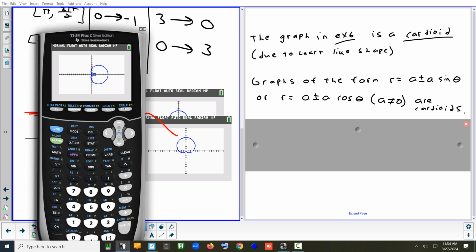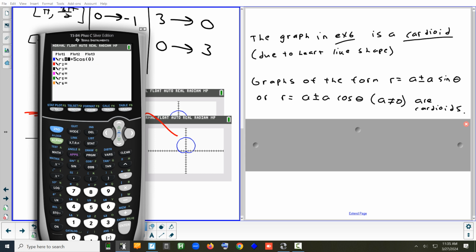These kinds of curves that we're looking at, there's a whole family of curves in polar called limacon curves. And cardioids are one type of curve that we can look at. We'll look at a few others. Yeah, I was going to say limacon. Yep, so there's all kinds of curves we can look at.